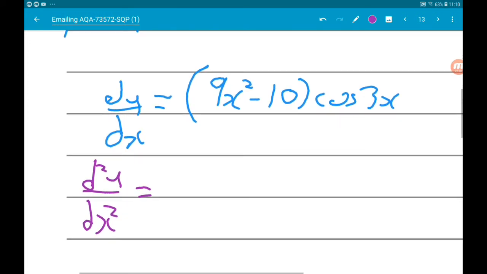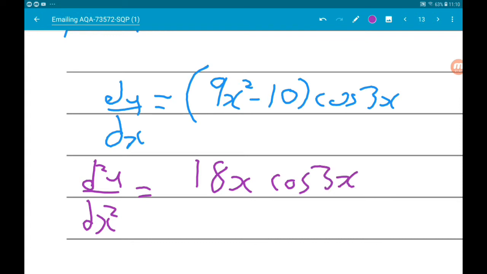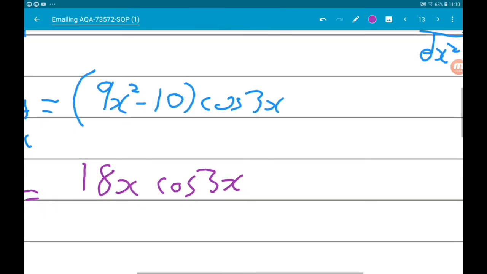So if we differentiate the bracket, we get 18x times cos 3x. And then if we differentiate cos of 3x, we get minus 3 sine of 3x.